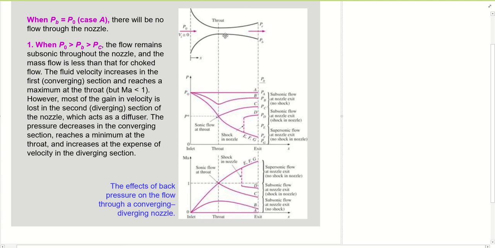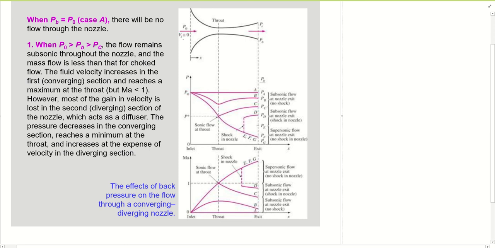But now we have another diverging section. So this is P exit, and this is PB, the back pressure. This is the schematic diagram.